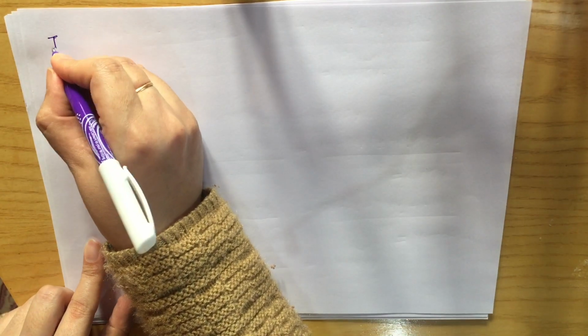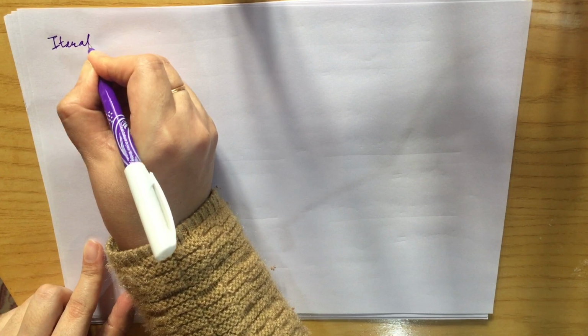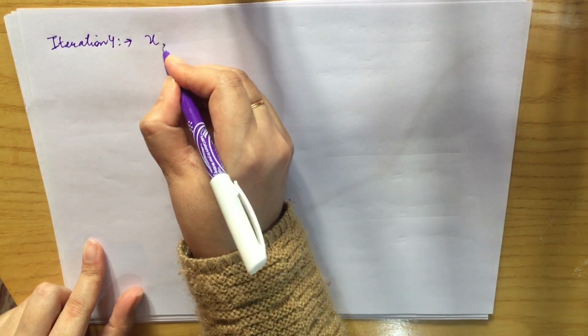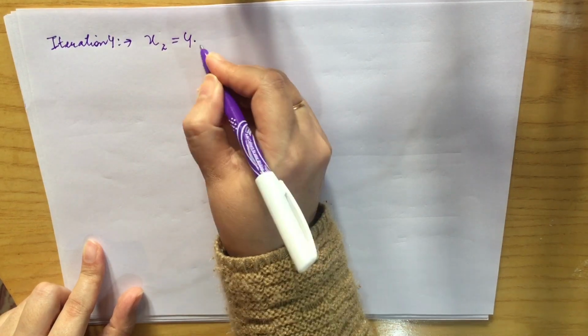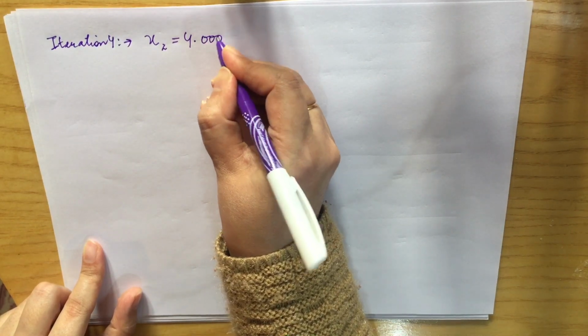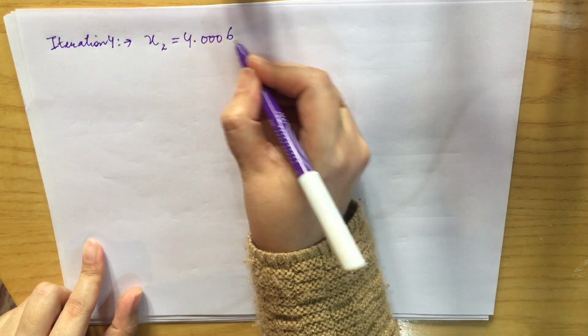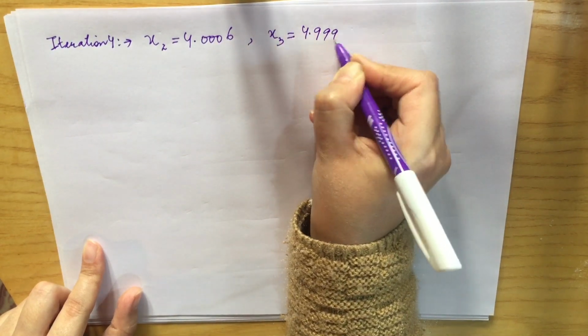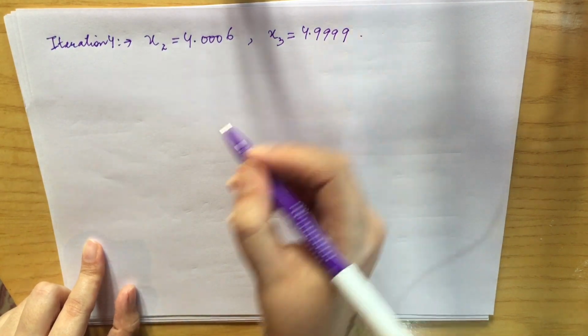So in our iteration 4, our x2 is the new value of x2 which we calculated in the third iteration, that is 4.0006, and our x3 is equal to 4.9999, which we calculated in the previous iteration.